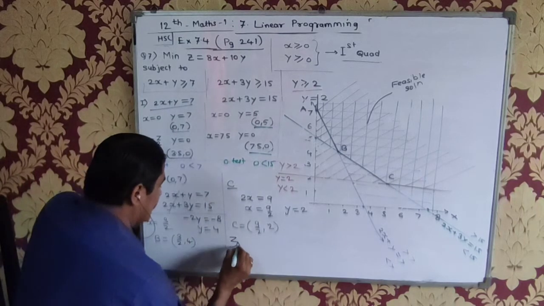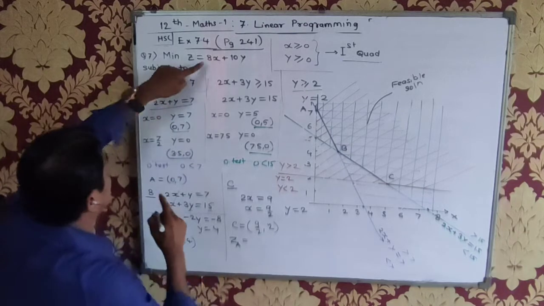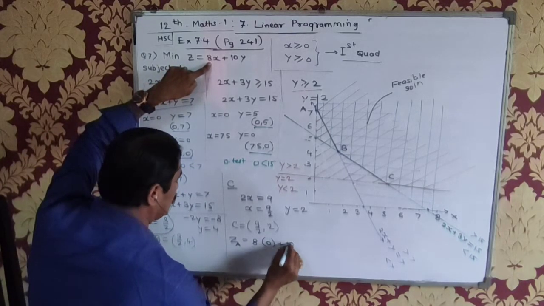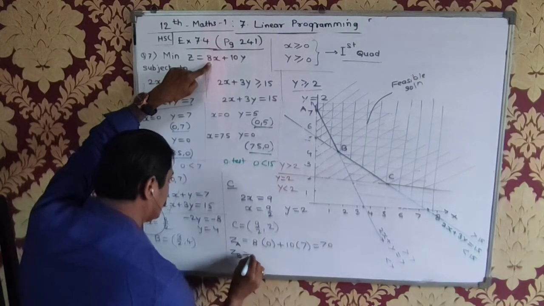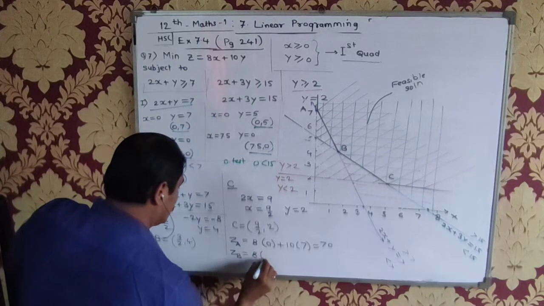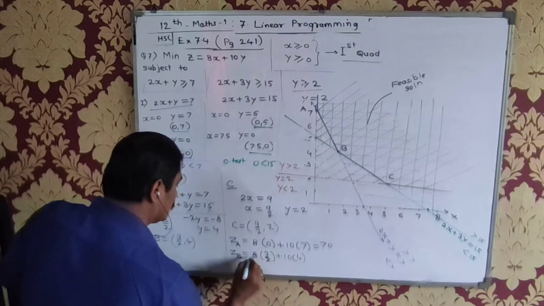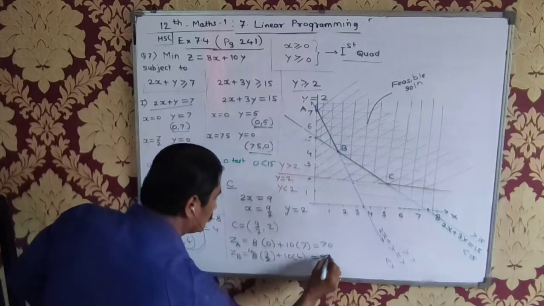So z at A is given by 8 into 0 plus 10 into 7 is equal to 70. z at B, it is 8 into 3 by 2 plus 10 into 4, 52.